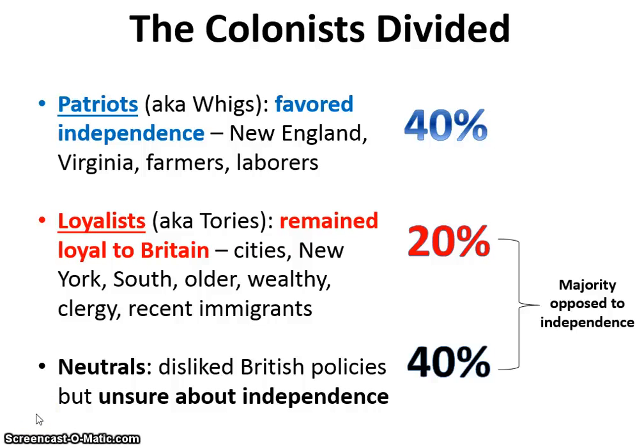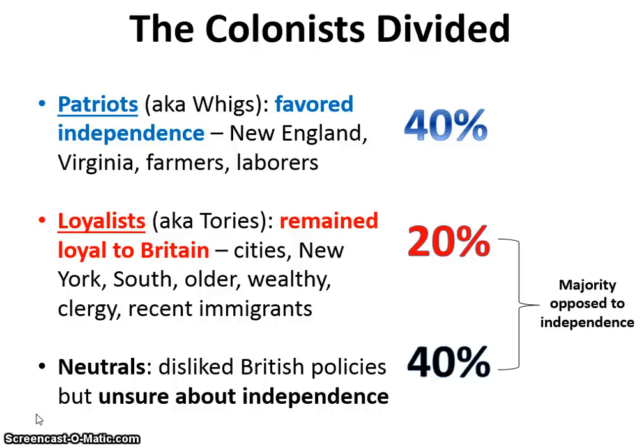But while this is going on, the colonists themselves remain divided over the question of independence. In one group, we have the Patriots, who also called themselves the Whigs, and they favored independence. Patriots tended to live in New England and Virginia, to be farmers and laborers, which means middle class, and they were about 40% of the population. Then we get the Loyalists, who also called themselves the Tories, and these remained loyal to Britain.